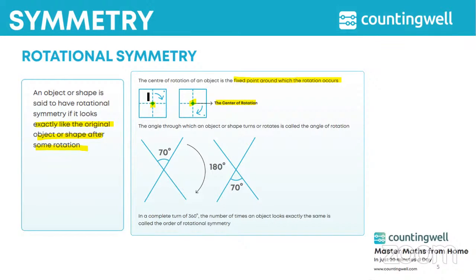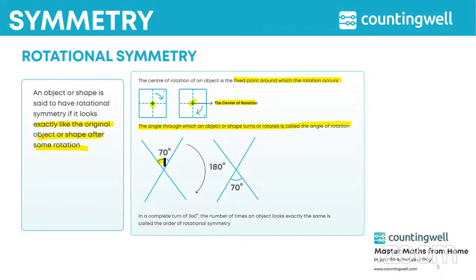So for how many places will this object look the same? We'll check this out. Now the angle through which an object or shape turns or rotates is called the angle of rotation. For example, here you can see an object with two intersecting lines.